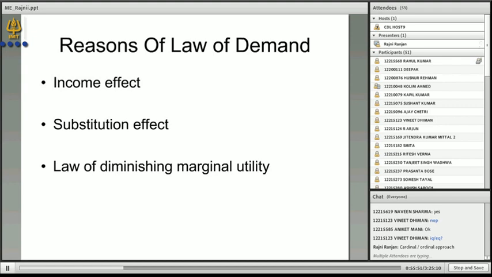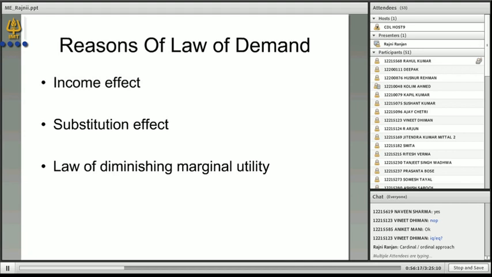So in your chapter on utility, there will be two approaches, cardinal and ordinal. Again I am repeating, in the cardinal approach economists assume that utility can be measured in a quantitative manner, and in the ordinal approach economists assume that utility is a qualitative characteristic.